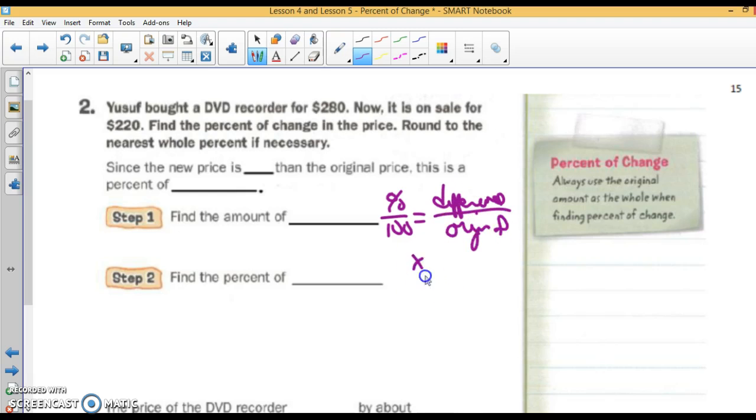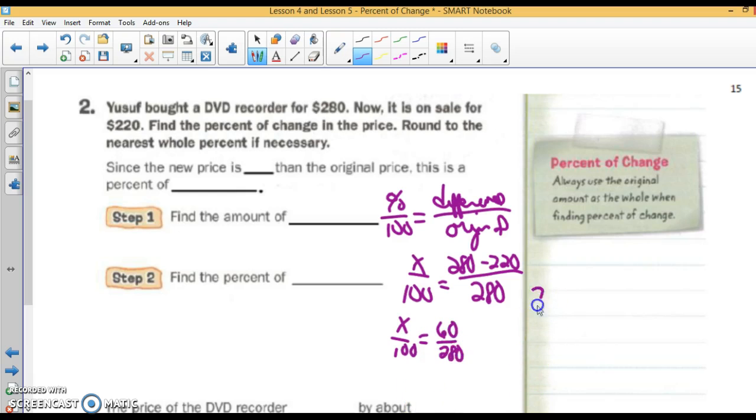So, we're looking for the percent. So, x over 100. Well, how much did it change? It went from 280 to 220. That's a $60 change. And the original is 280. Right? Because that's what it started at. So, I will have x over 100 equals 60 over 280.